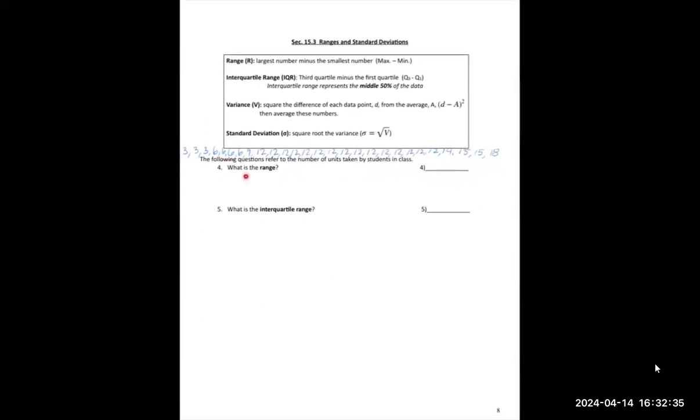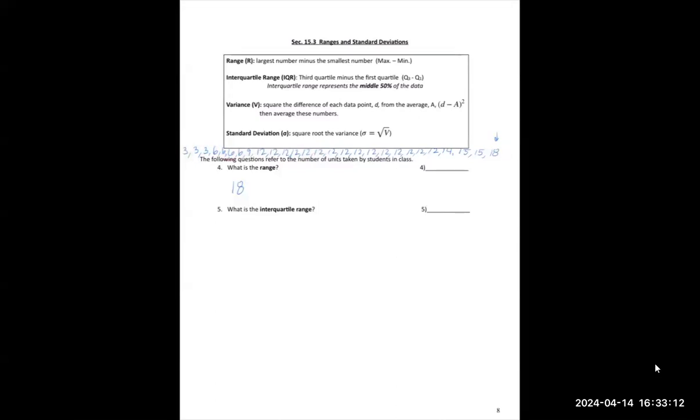So they asked me, what is the range of this data? The range is the easiest thing to calculate, because it's just your largest minus your smallest. Since we have these data listed from smallest to largest, the largest is the one on the end, 18. The smallest data value is 3.